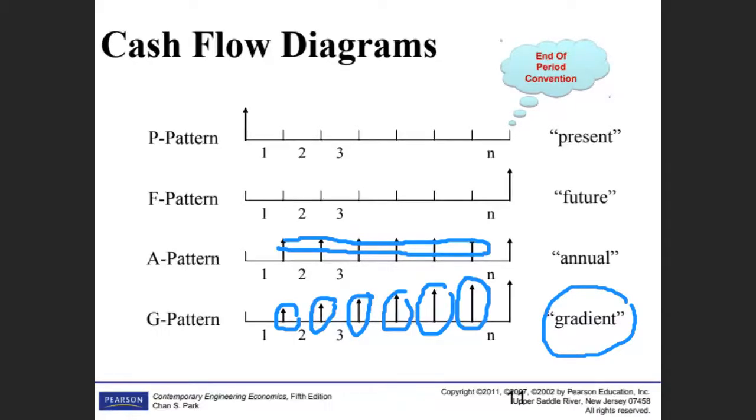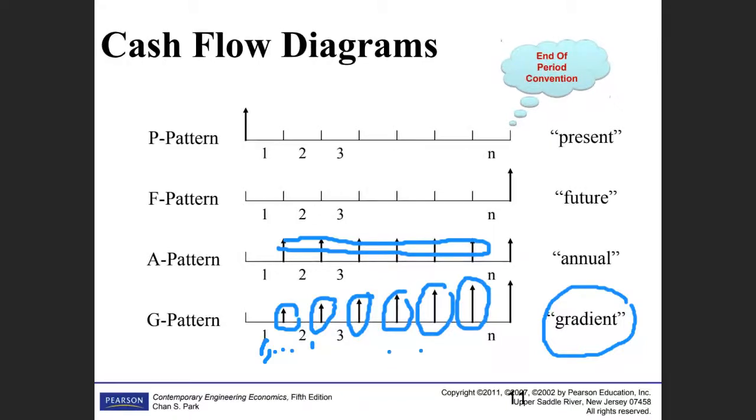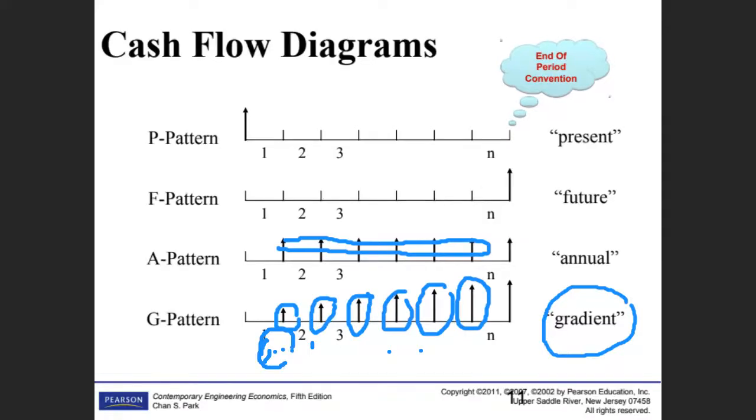Now for example, if you deposit 1000 here, next year it is 1100, next year 1200, 1300, 1400, like this. So increasing the amount, this one we call a linear gradient. But if, let's say, you deposit 1000 today and every year this amount increases by some percentage, it becomes a geometric gradient series.